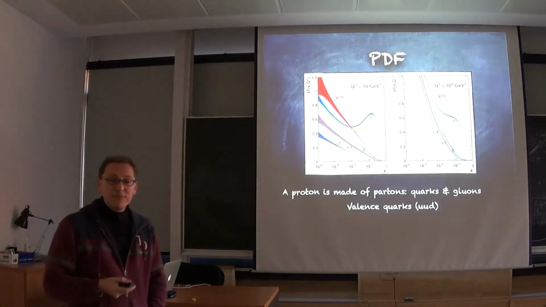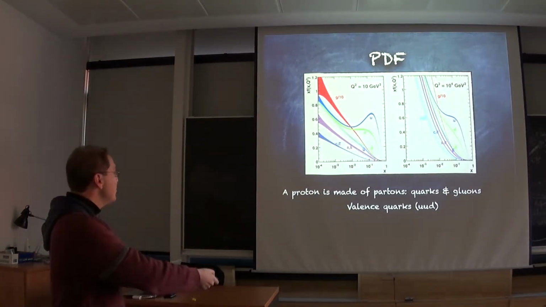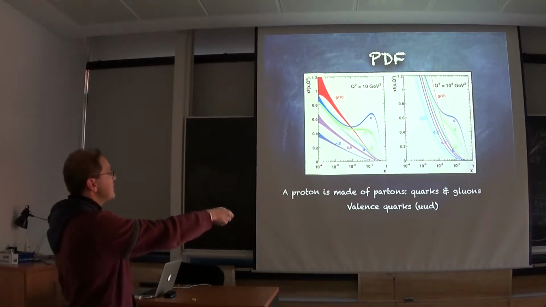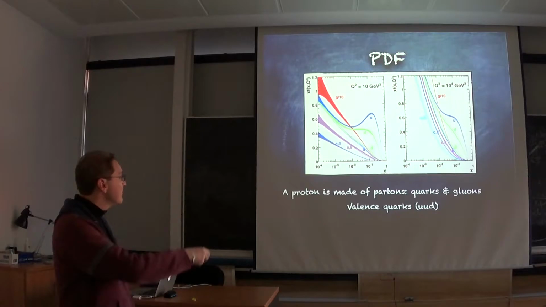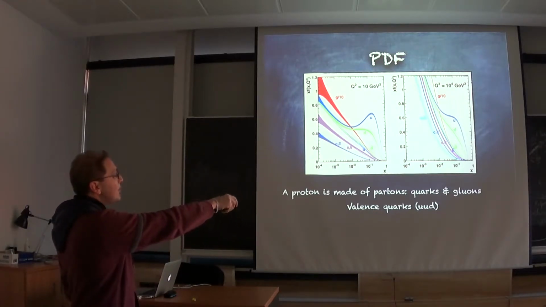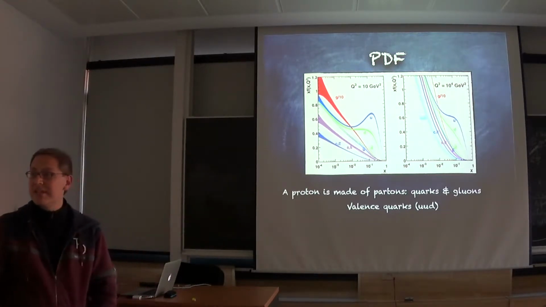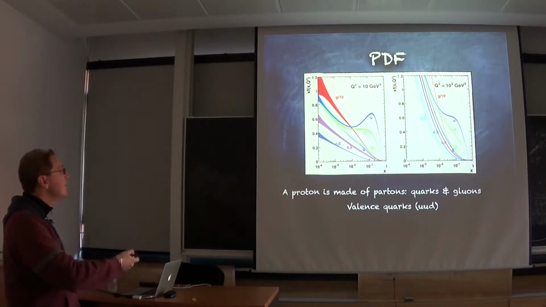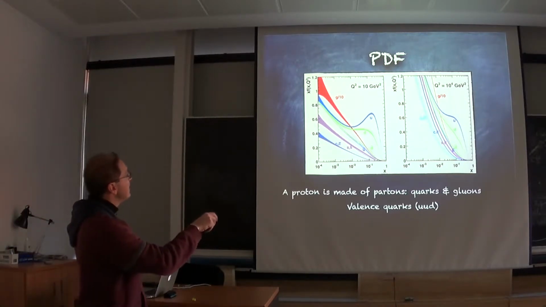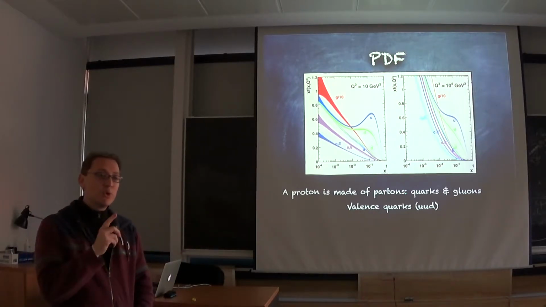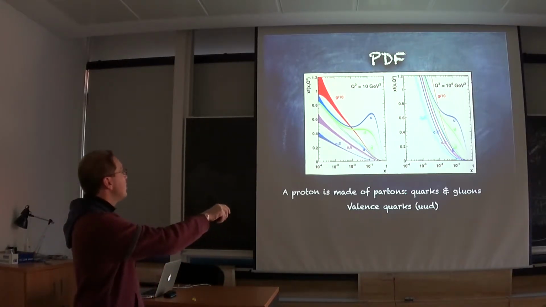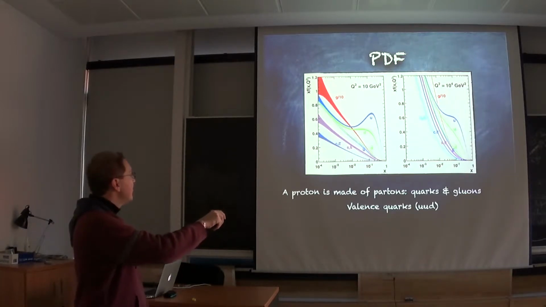This Parton distribution function will tell you that at a given energy scale, it varies, this x times the Parton distribution function. So you see that you have the probability to find all of the quarks. Of course, if you integrate the probability distribution of U, it will be 2.